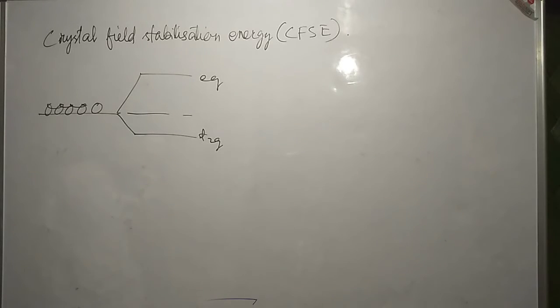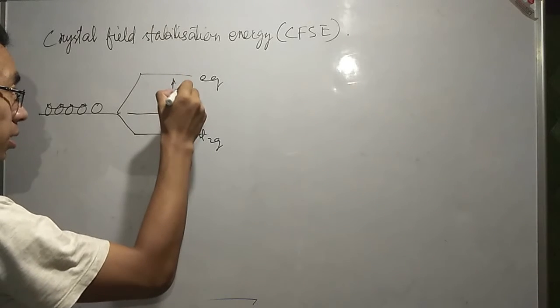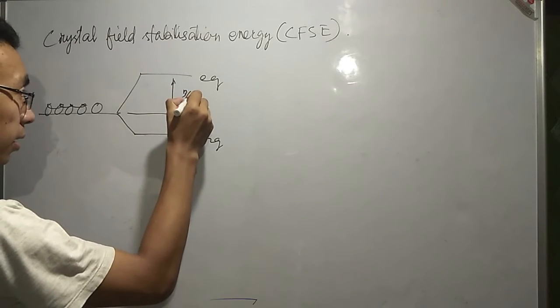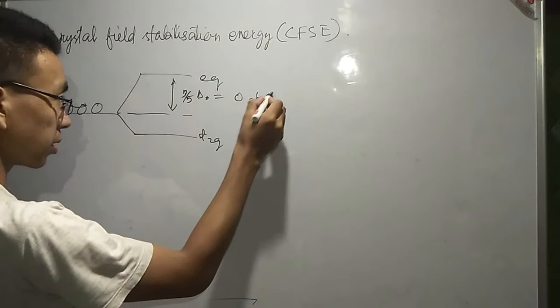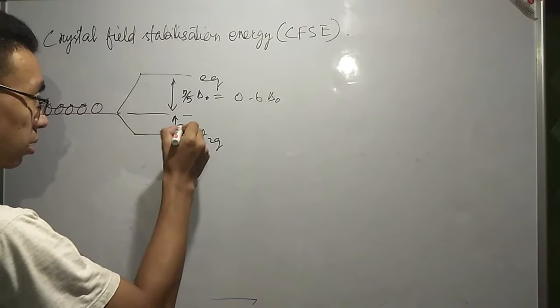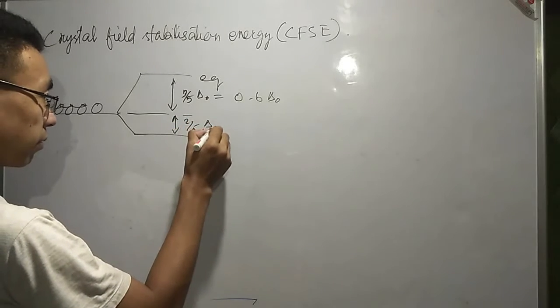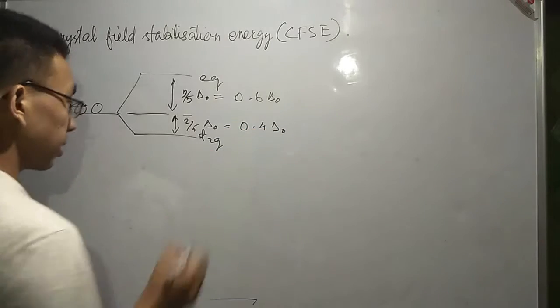Now, for the Eg set, the splitting energy is 3 by 5, which is equal to 0.6 delta 0, or delta O. Then 2 by 5 delta 0 is equal to 0.4 delta 0.